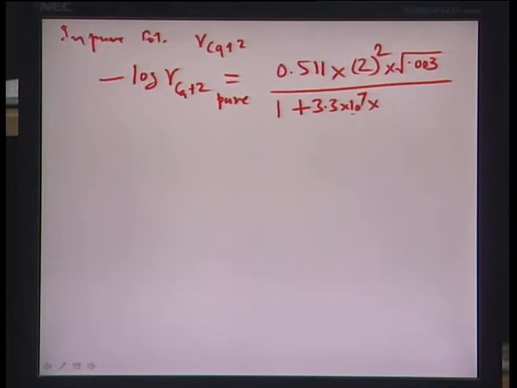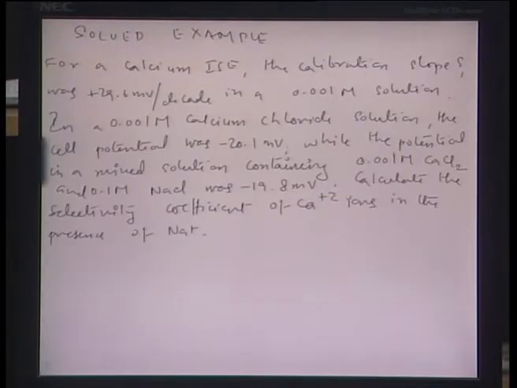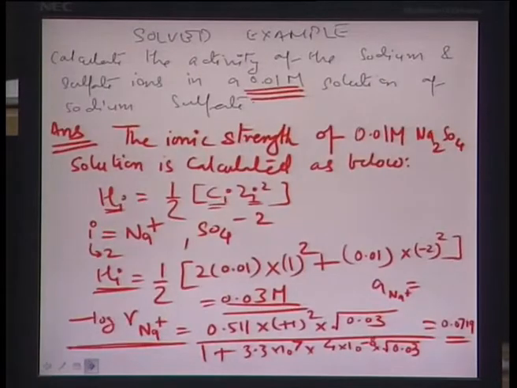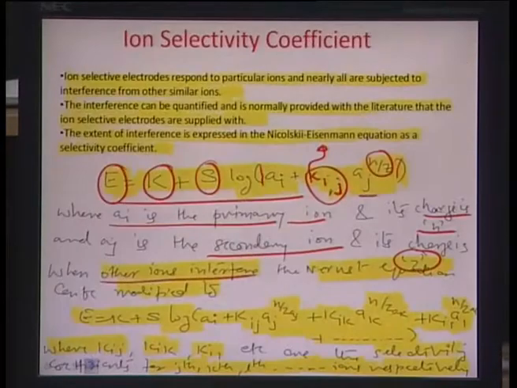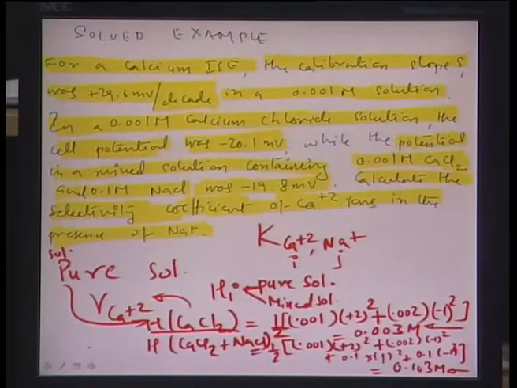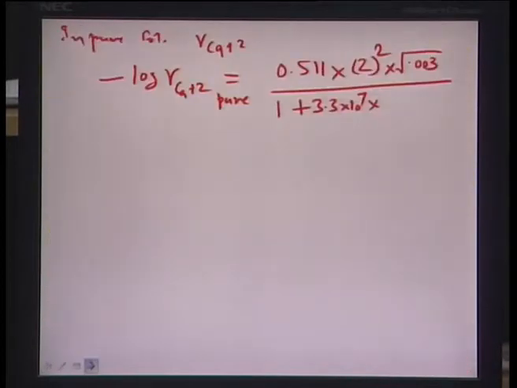If you go back and look at that parameter, the ion size parameter for a calcium plus 2 ion is close to 600 picometers, so 6 times 10 to the power minus 8 centimeters. Again, I would like to reiterate that this system of equations is based on CGS units, so we need to take the value in centimeters.